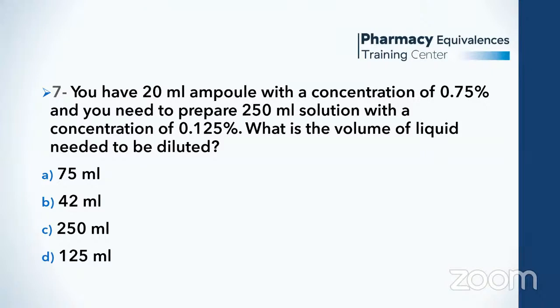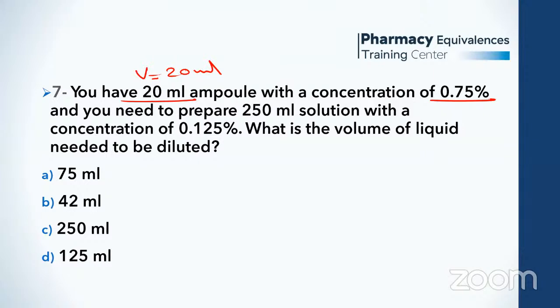One of the calculation problems, let us understand it very well. You have a 20 milliliter ampoule of a certain drug with a concentration of 0.75%.